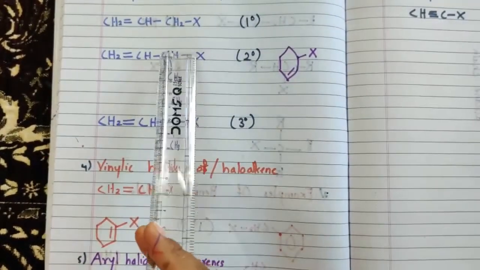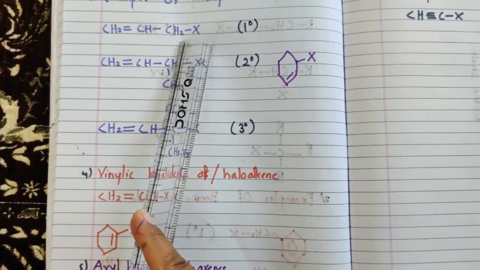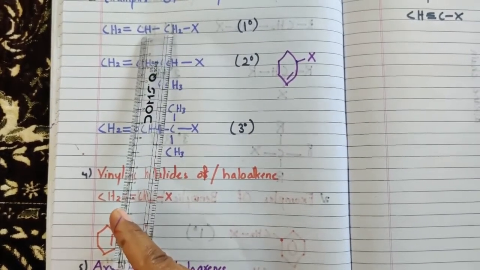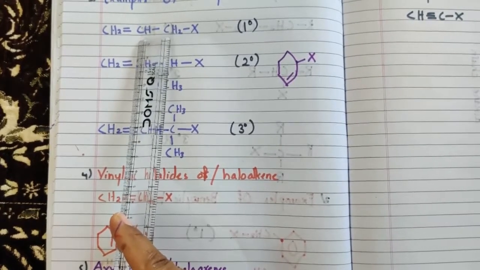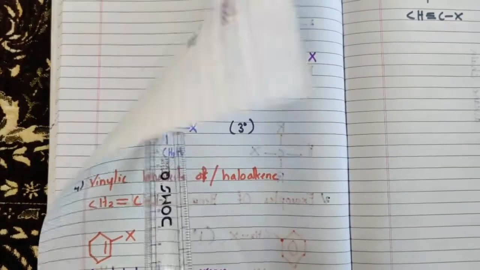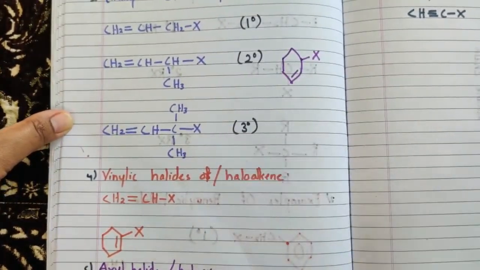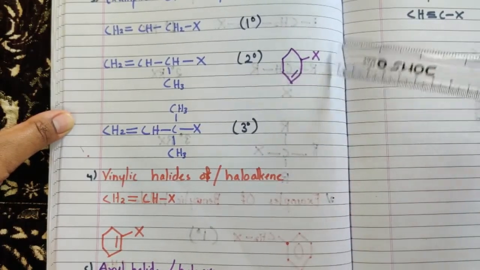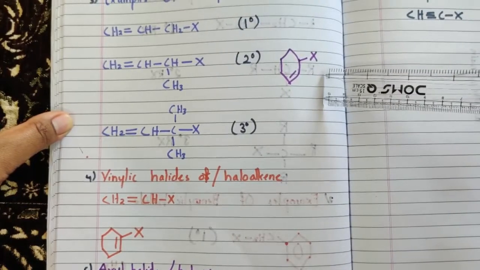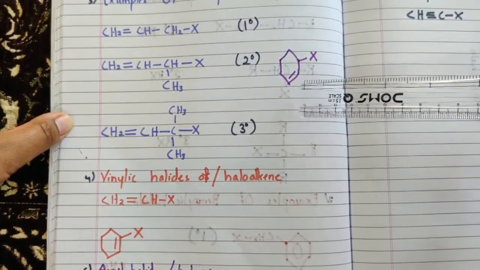It can also be of 3 types: primary allylic halide, where your halogen is bonded to a carbon which is bonded to an sp2 hybridized carbon atom. Okay, examples can be of 3 different kinds, that is primary, secondary and tertiary. Okay, here you can also get the example in the form of what? This is a cyclic structure, not an aromatic structure but a cyclic structure.